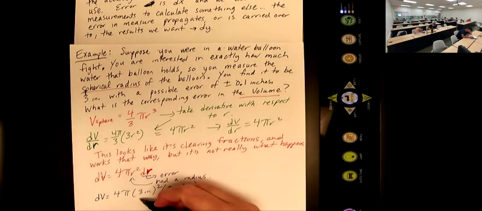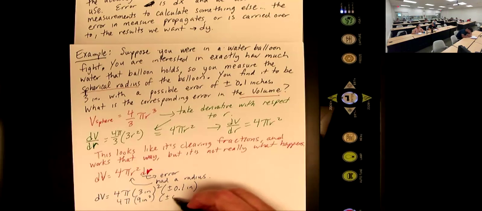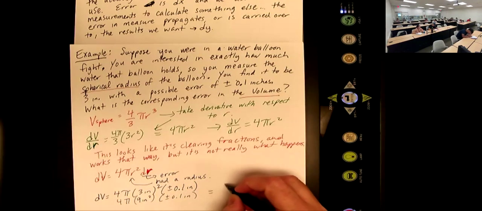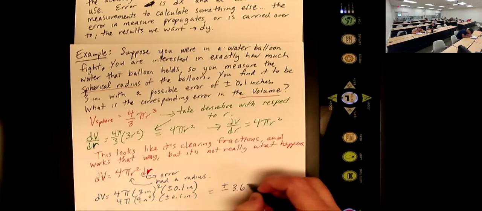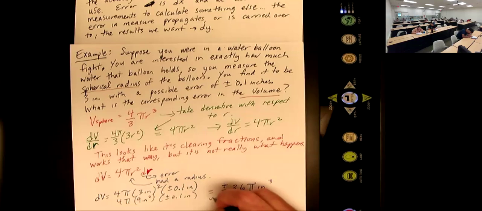So this part's 9 inches squared, we're multiplying it by 4π, then we're shifting the decimal by 1. This ends up looking like plus or minus 3.6π inches cubed, which is approximately plus or minus 11.3 cubic inches.